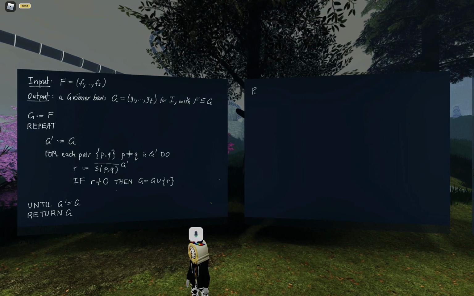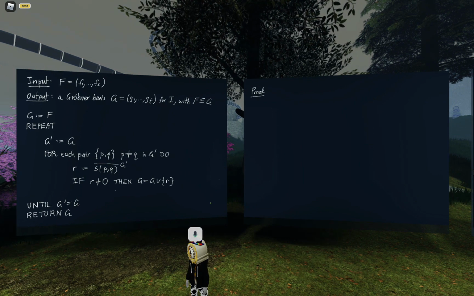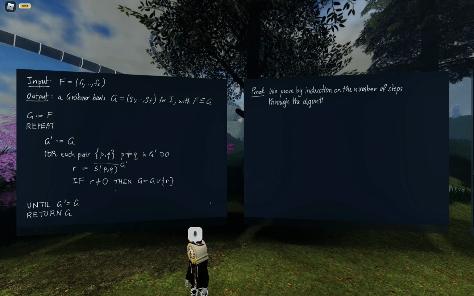Proof. The proof is, as usual, by induction on the number of passes through this outer loop. There's a few things to check.